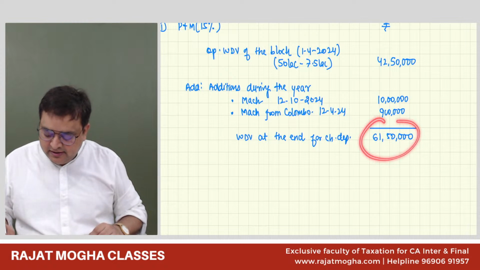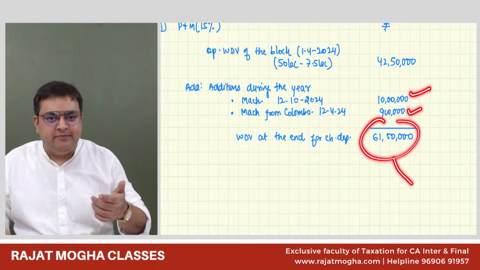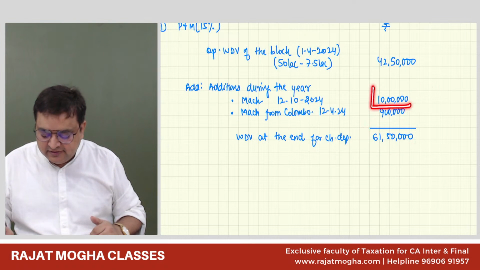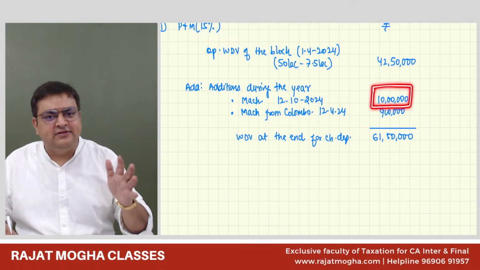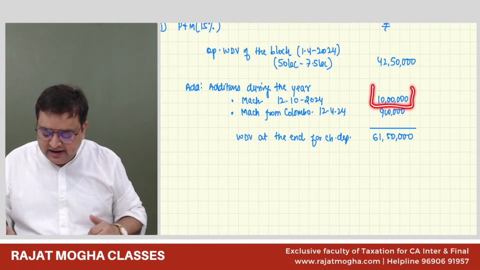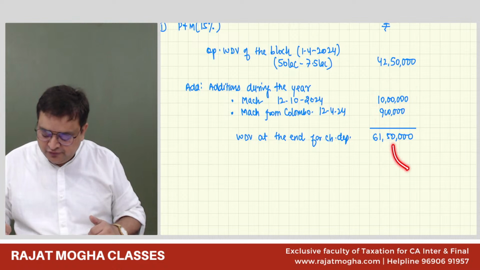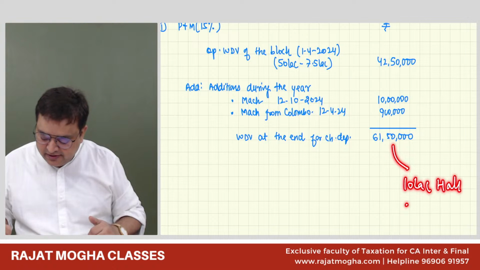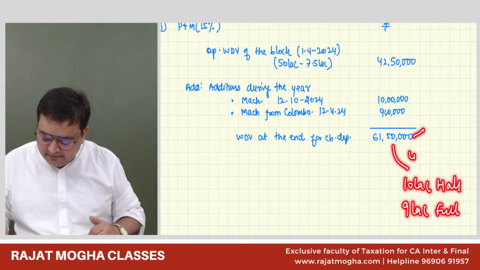Students make a mistake that they compute here also. Here the new assets are the purchase of 10 lakh and 9 lakh. First give normal depreciation, and if nothing is mentioned about put to use, we always assume it is used on the same date. So the 10 lakh is for less than 180 days, the 9 lakh is for full depreciation. On 10 lakh we'll claim half, on 9 lakh we'll claim full, and on the remaining 42.5 we'll claim full.